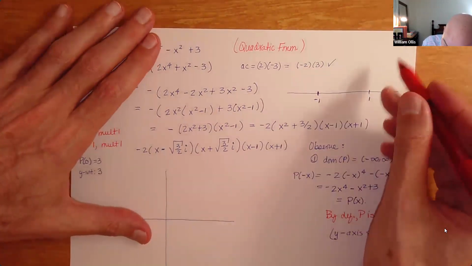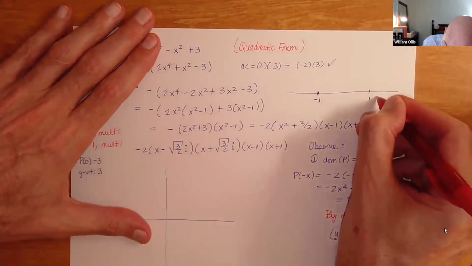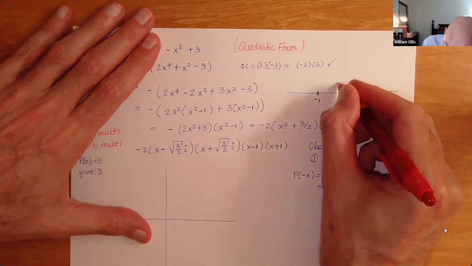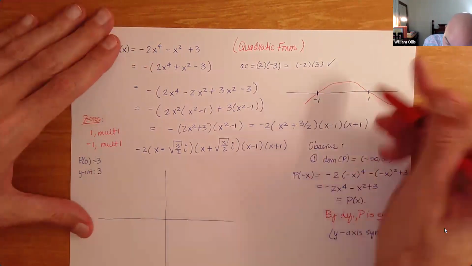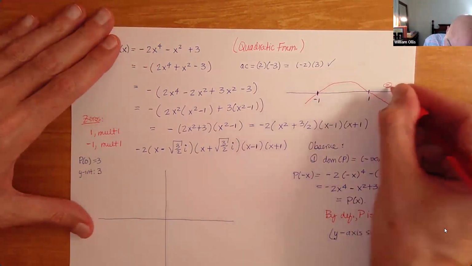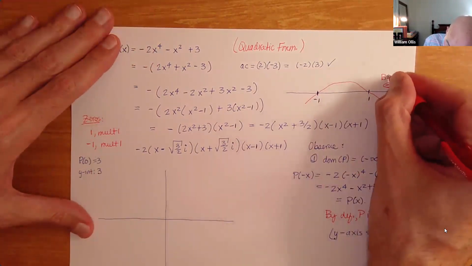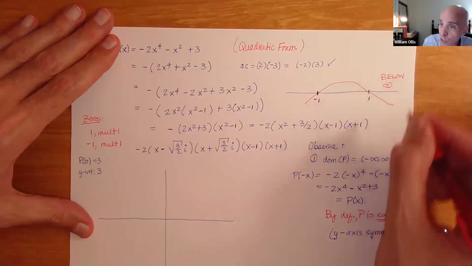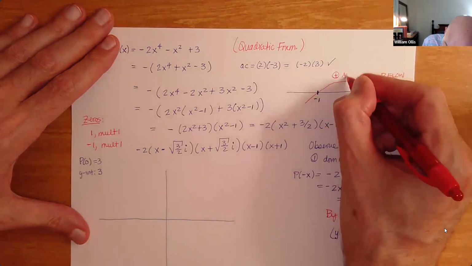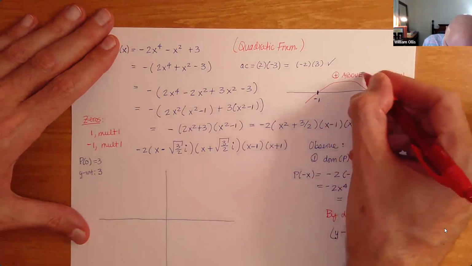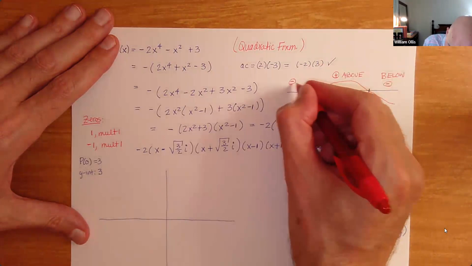So again, we have negative, and then we cross, and then we cross again because these have odd multiplicities. So we have negative below. The multiplicities are very useful. We have positive above, and we have negative below.